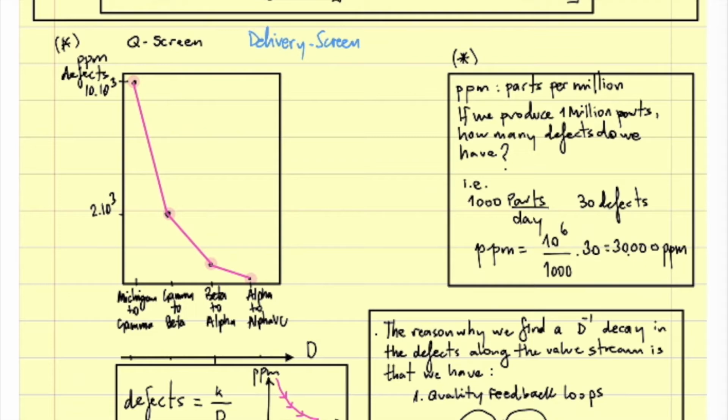We can say we have, let's say, 10, 5, and this is the percentage of defective deliveries.